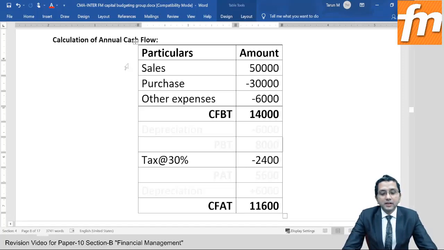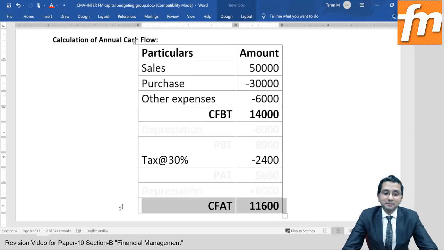Cash income minus cash expenses gives me cash profit before tax. Now tax is 2,400. So my cash profit after tax is 11,600. But in most of the questions, they don't give you amount of tax.